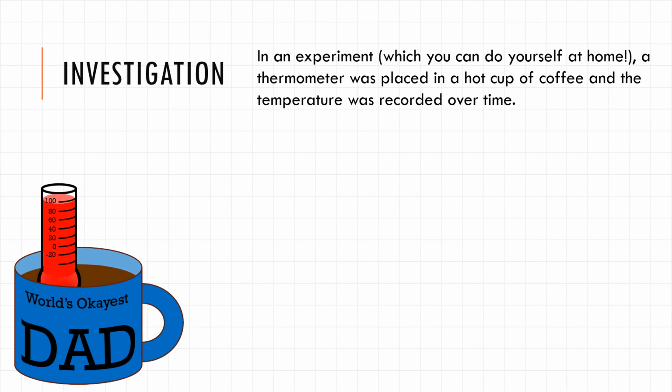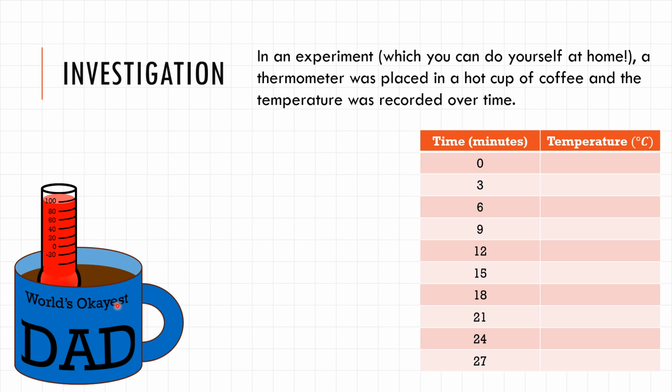So let's move to an investigation here. In this experiment, which you could do at home if you like, a thermometer was placed in a hot cup of coffee and the temperature was recorded over time. So every 3 minutes you can record the temperature.